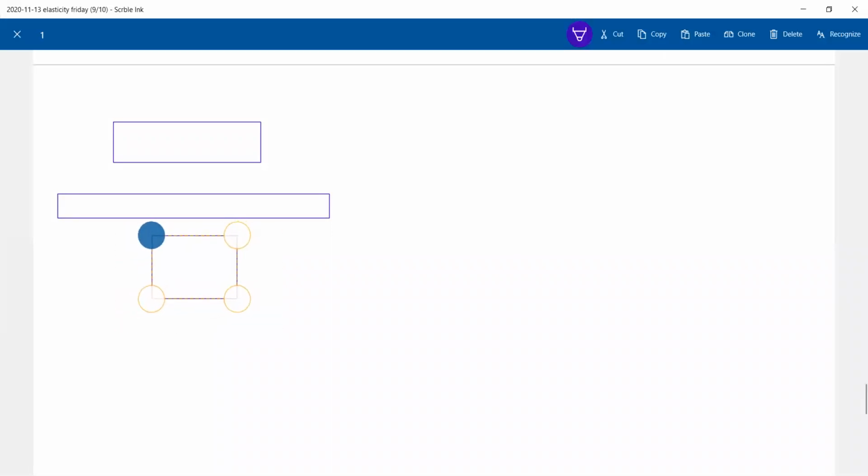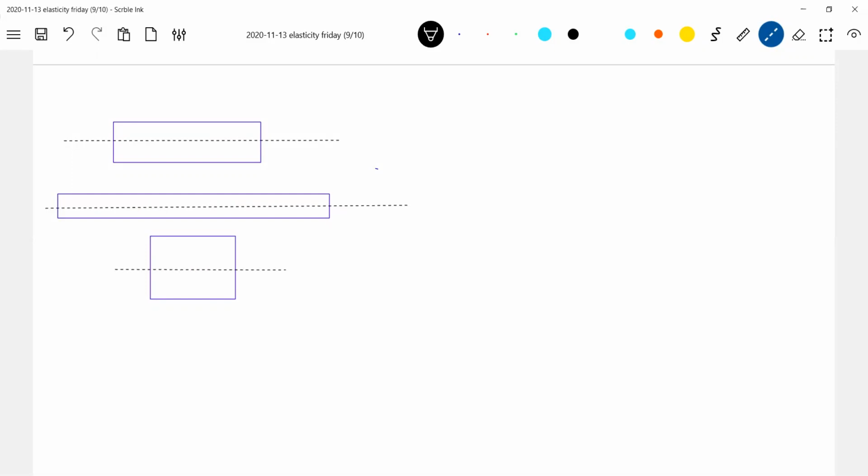Now, can it be like this also? Look at this second diagram. Anything you can say about here? The radius increases, the length will decrease here.